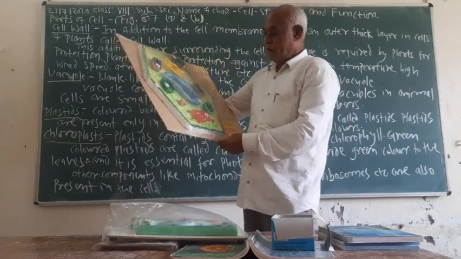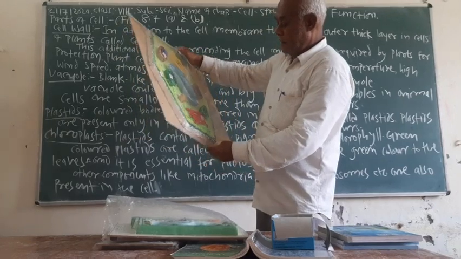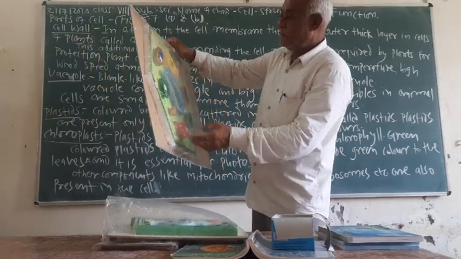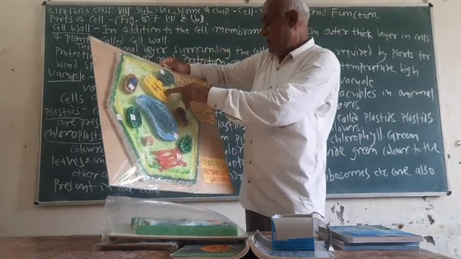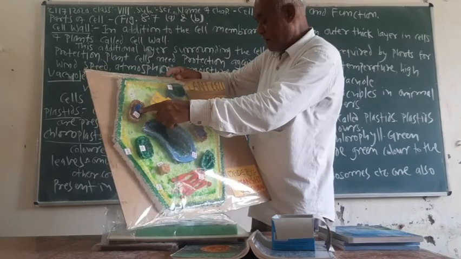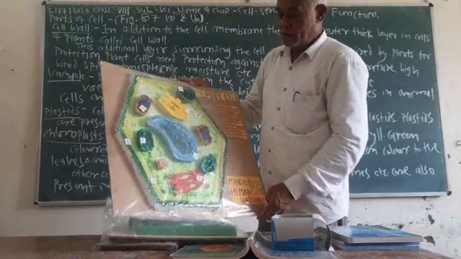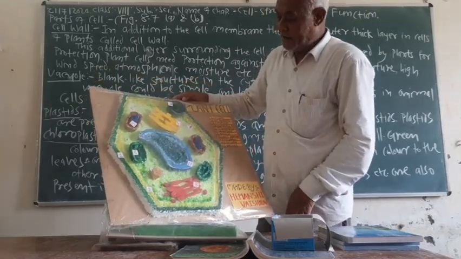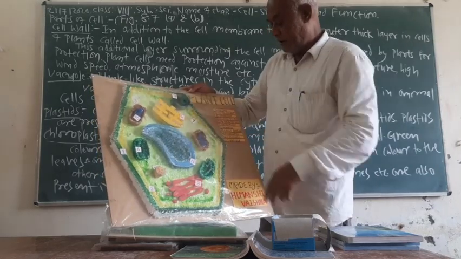Number 4 is the endoplasmic reticulum. Number 5 is the mitochondria. Number 6 is the chloroplast. Number 7 is the nucleus.